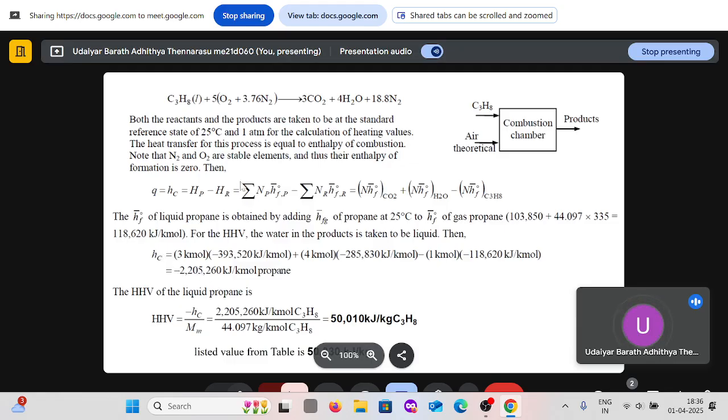So Q, the enthalpy of combustion, is 3 times minus 393,520 for CO2, then 4 times minus 285,830 for water, and then minus 1, because we have taken 1 mole of the fuel, times minus 118,620 kilojoule per kilomole.